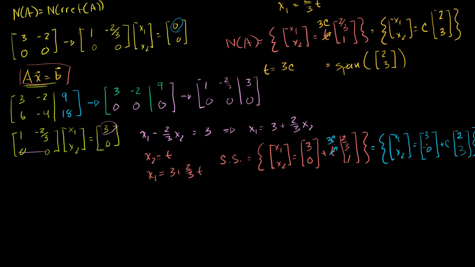So it's equal to the vector 3, 0 plus some member of our null space. The null space was the span of 2, 3, or all the scalar multiples of it, where c is any real number. So that's our solution set.